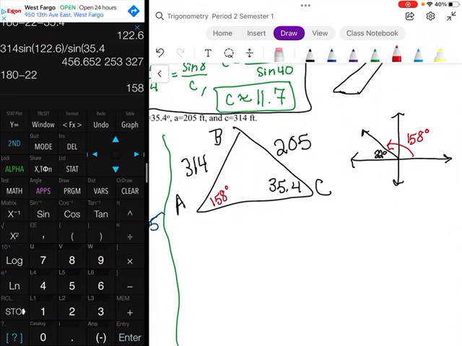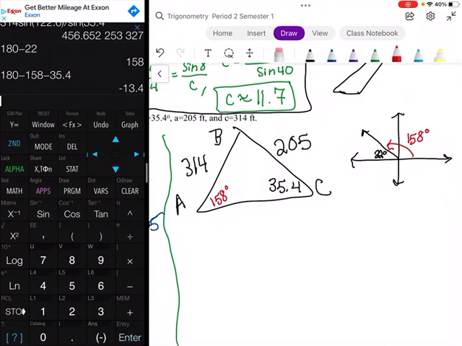And then to find angle B, we would just subtract our two known angles from 180. So 180 minus 158 minus 35.4. And you'll notice we get a negative angle, negative 13.4. We know that's not possible in a triangle to have a negative angle. So this one, we only have one possible triangle.